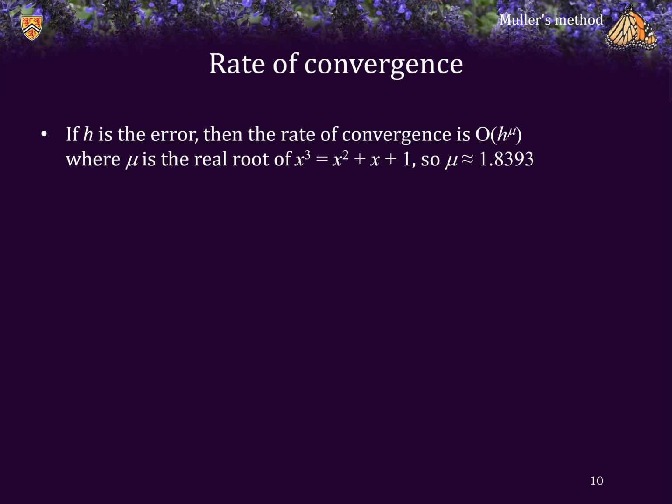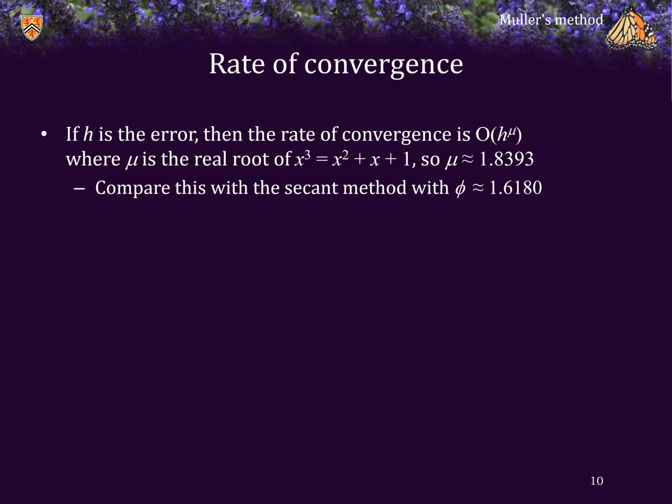Now, as for the rate of convergence of this method, if h is the error, then the rate of convergence is h to the mu, where mu is the real root of this particular equation. And in this case, mu is approximately equal to 1.8393.